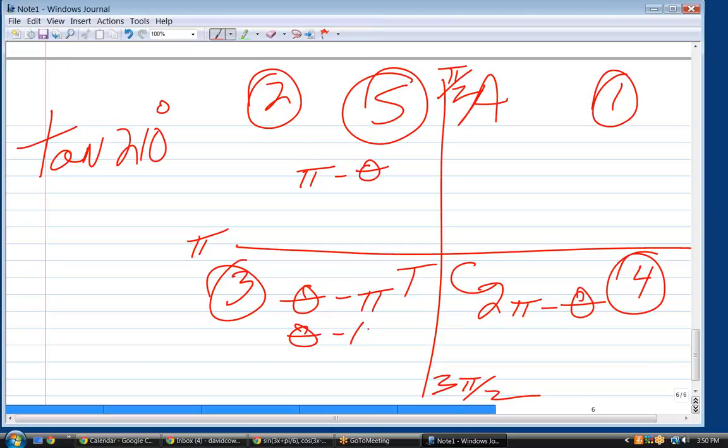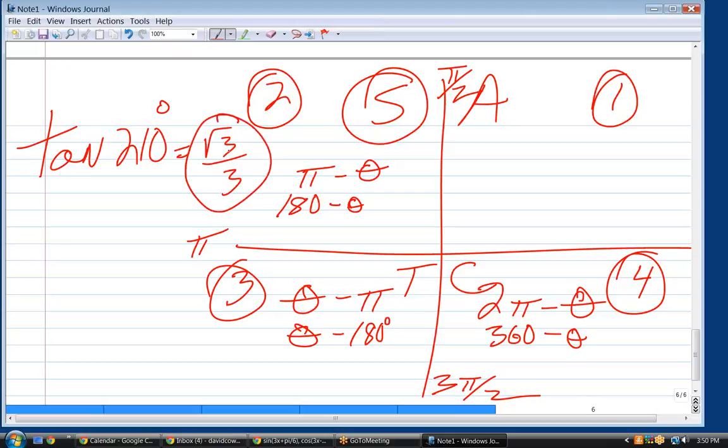In other words, when you're dealing in degrees, you use these formulas. So it'd be the same as the tangent of 30 degrees, which is 1 over root 3, or rationalized, root 3 over 3. And like you said, it's positive.